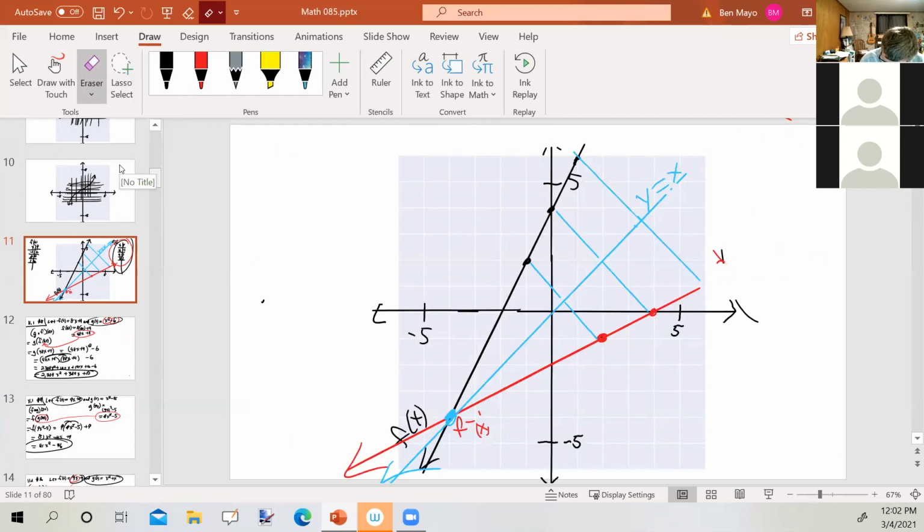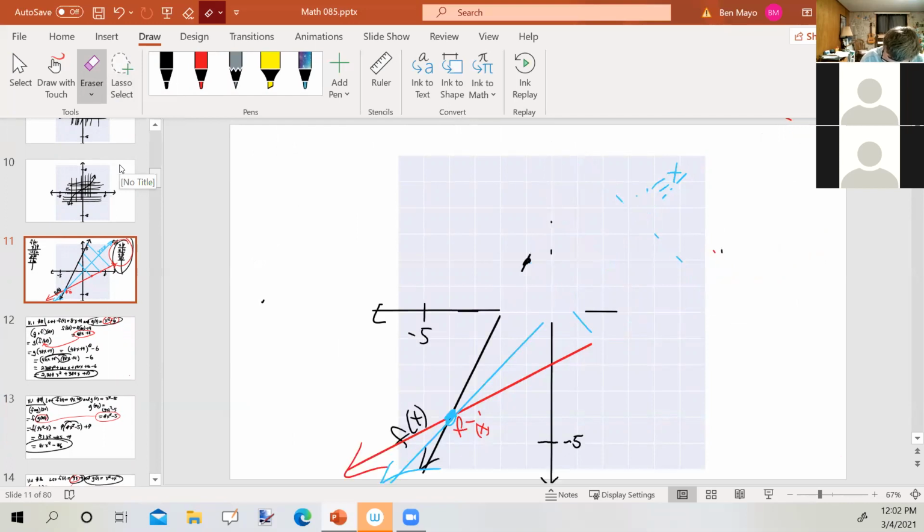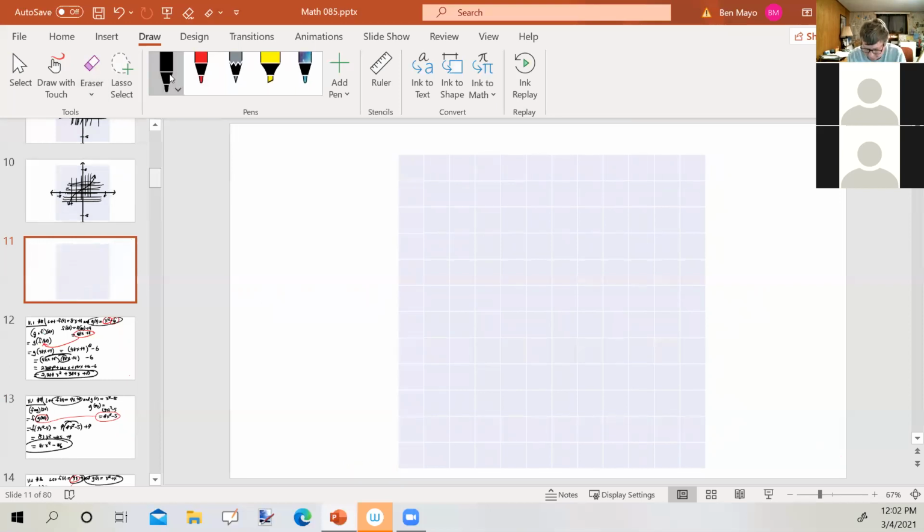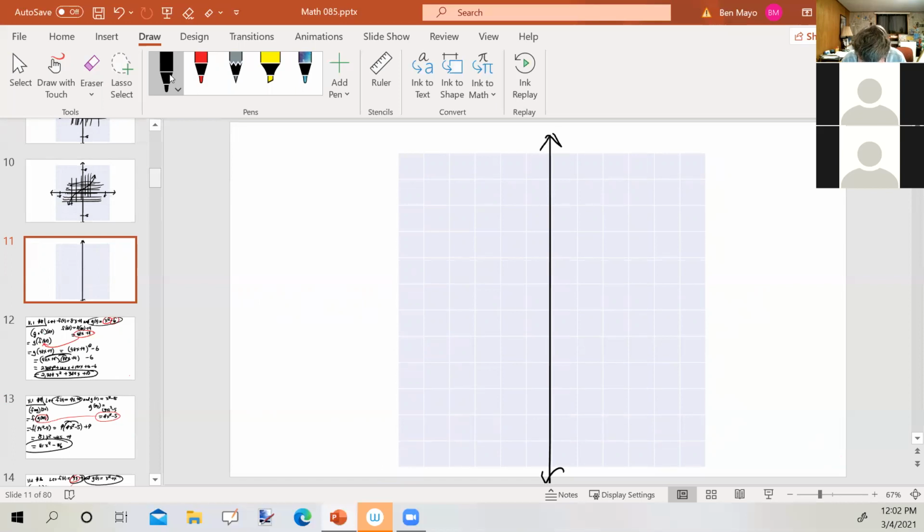I needed to have more graphs than I made ahead of time, but oh well, we'll be fine. We've got 5, 5, negative 5, negative 5.